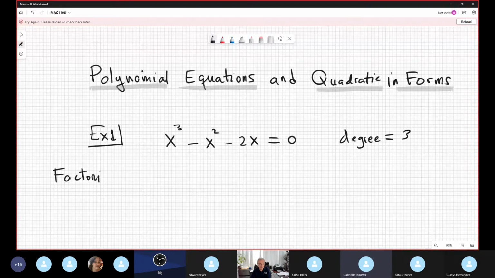In chapter 2, we apply another, more sophisticated technique. And inside factorization, remember, we have different categories. We have GCF, we have trinomial factorization, binomial factorization, and grouping.